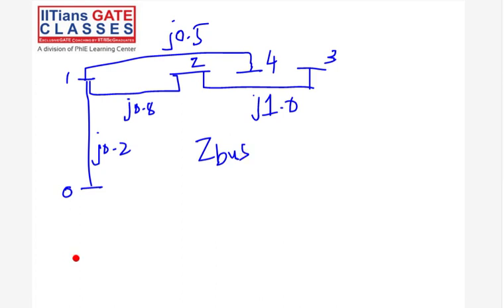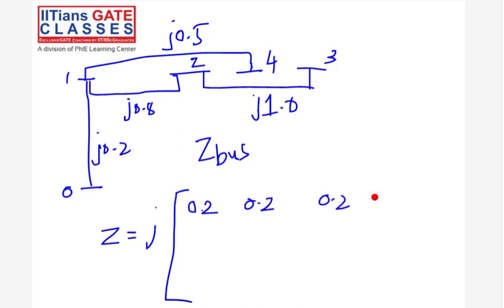Okay. So the set bus would be, there is a J, don't forget that. 4, okay. 0.2, 0.2, 0.2 and 0.2. Right?